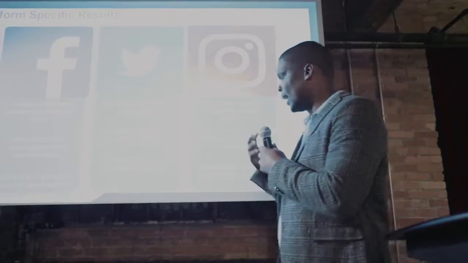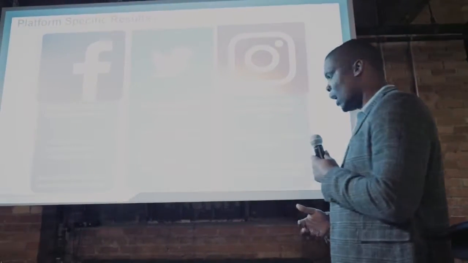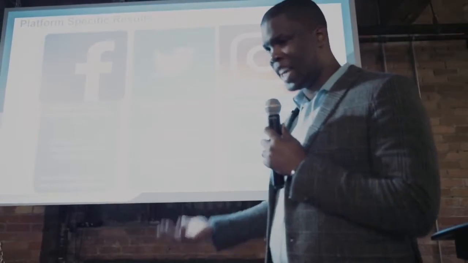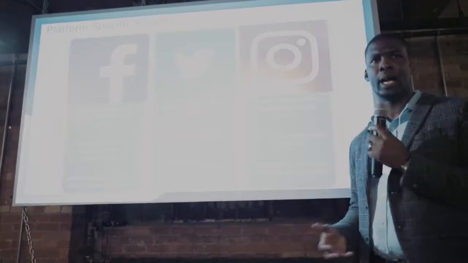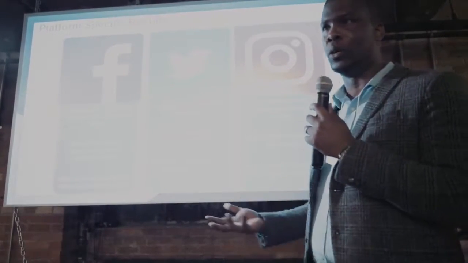On Instagram, the organizations utilized Instagram to produce a bit of a visual and transparent view of the organization through images. They focused on the visual aspect of the campaign, and some of these are more general information that I'm pretty sure that if you use social media, you already know, right?